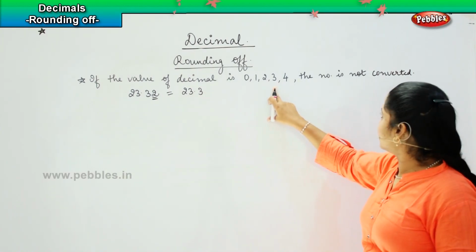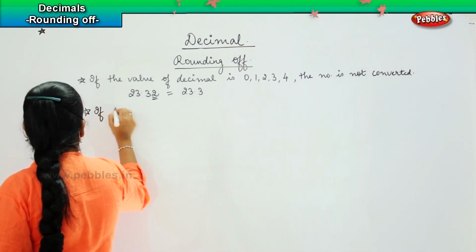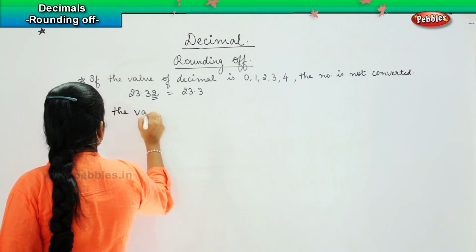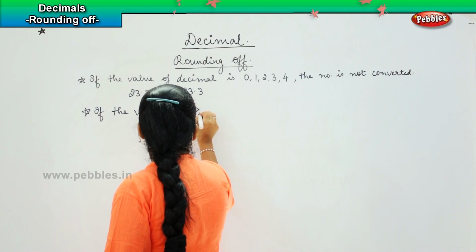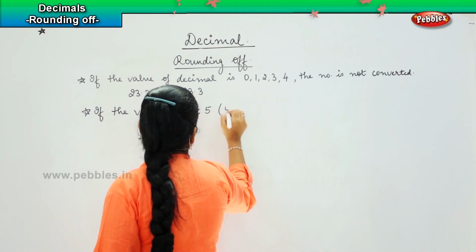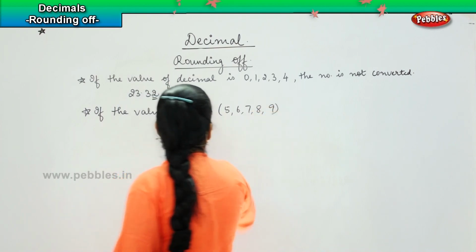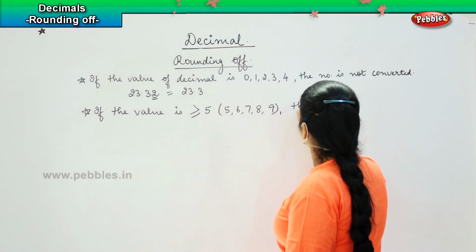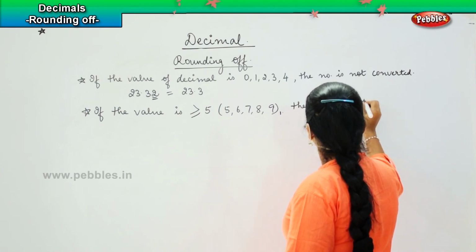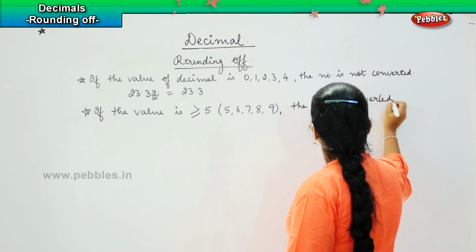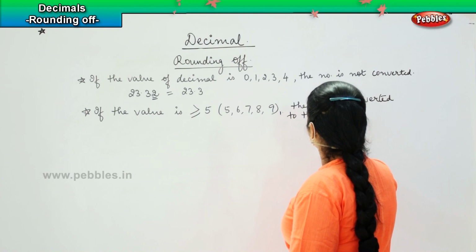Now the next one is if the value is greater than or equal to 5, which is 5, 6, 7, 8, 9, the number is converted to the next value.